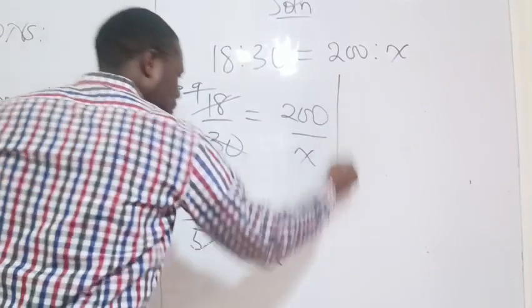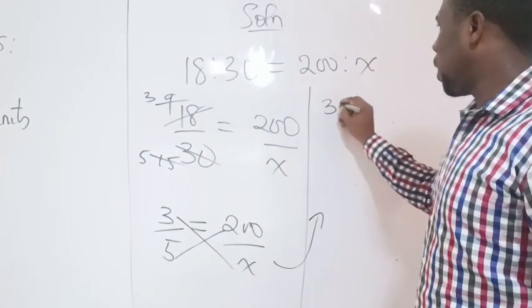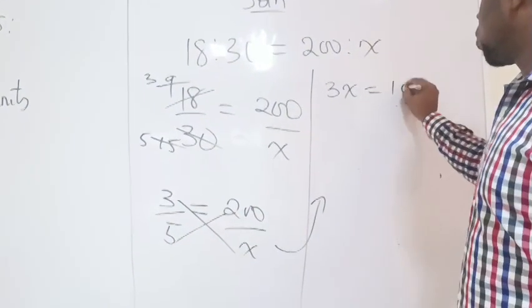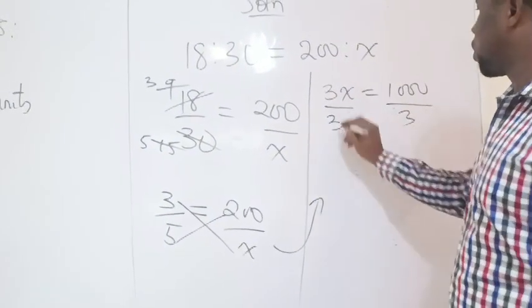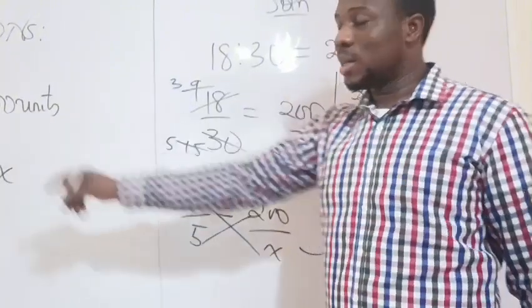3 times x will translate to 3x. And of course, 200 times 5, 2 times 5 is 10, so I have 1,000 here. So I could divide both sides by 3 to find out the number of units that will be consumed in 30 days.